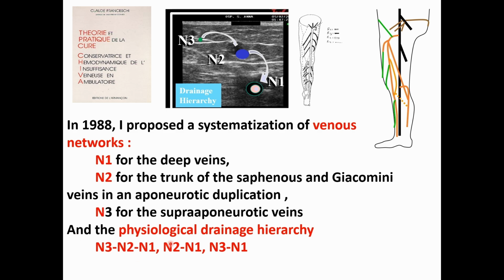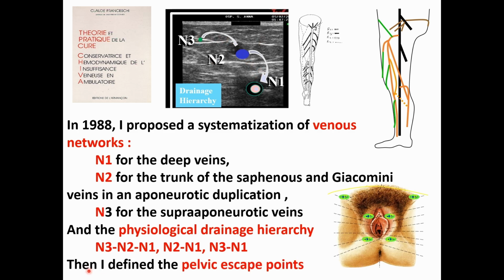And the physiological drainage hierarchy: N3 to N2 to N1, N2 to N1, and N3 to N1. Then I defined the pelvic escape points: the perineal escape point, clitoridian escape point, and inguinal escape point.